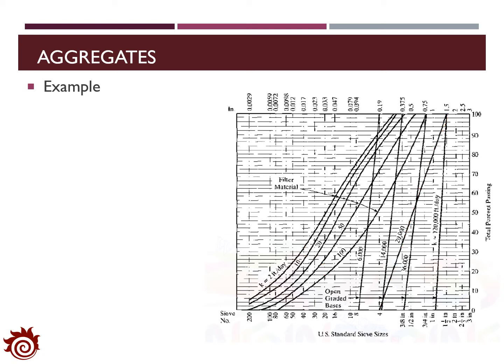In order to check whether the base material is appropriate as the filter on top of the subgrade soil, we need to recall the retention criterion and the permeability criterion, which means we have to find out the D15 filter and D50 filter.